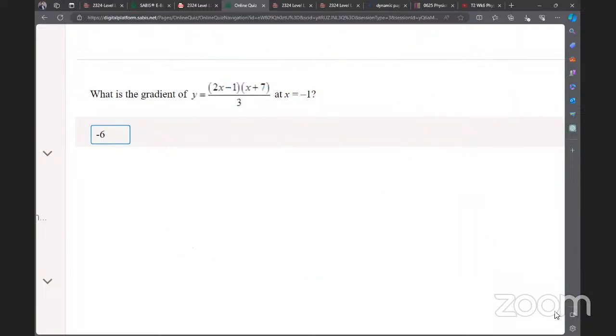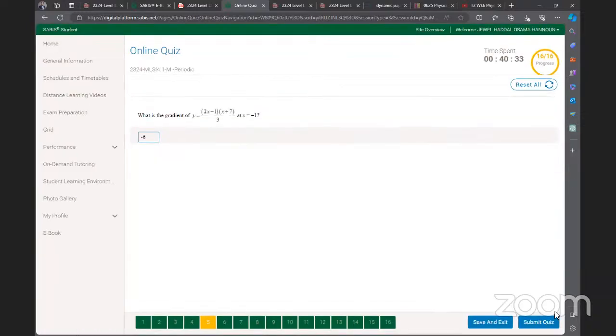The gradient question, it was wrong, maybe I got confused about something. 2x times x is 2x squared, 2x times 7 is positive 14x, negative 1 times x is negative x, negative 1 times 7 is negative 7, and then I will distribute 3 among them.